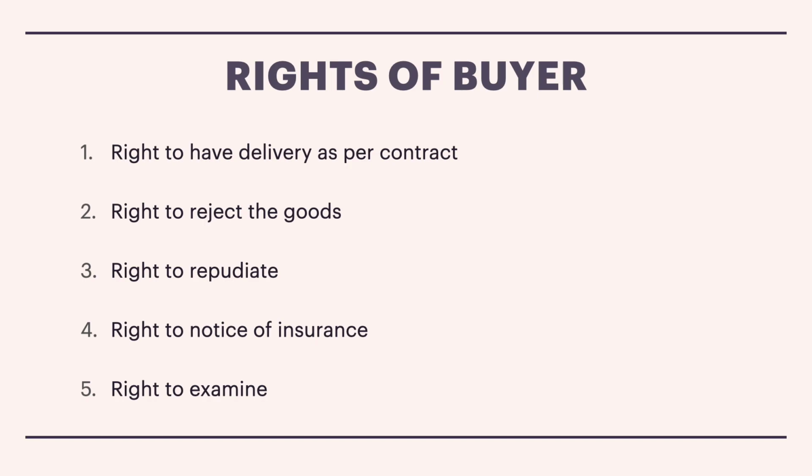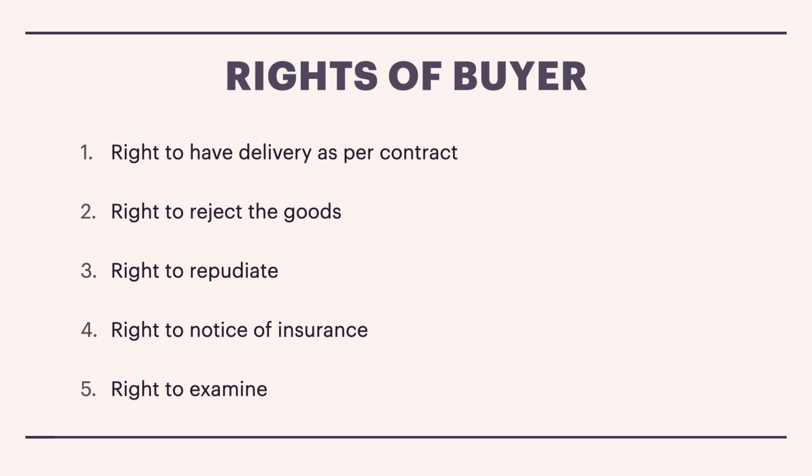Third one, right to repudiate. The buyer of the goods has a right not to accept delivery thereof by installment. Suppose we have agreed to deliver all the goods on a particular date in one shot, but on the date of delivery the seller says, I can't give it in one shot, I'll give it on installment basis.